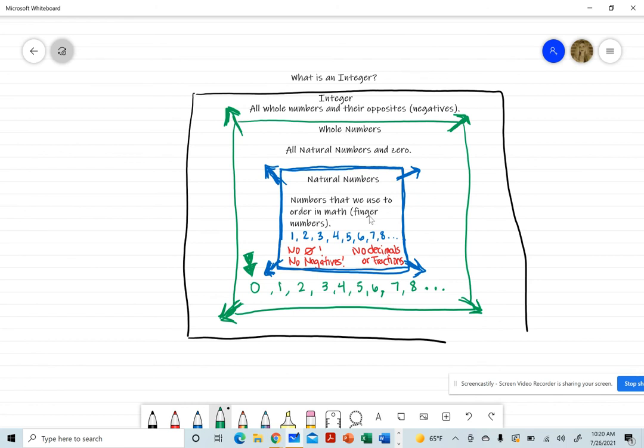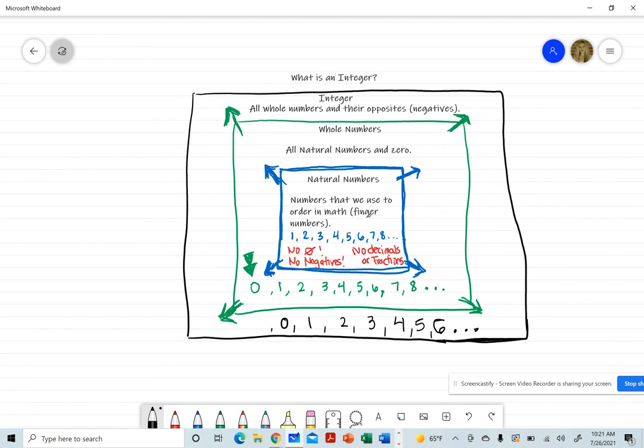So what does that mean? Well, that means, we did it in black, 0 is an integer, 1's an integer, 2's an integer, 3's an integer, 4's an integer, 5's an integer, 6, those are all integers still. Where does it change? Well, it's all whole numbers, and so we added something else, their opposites.